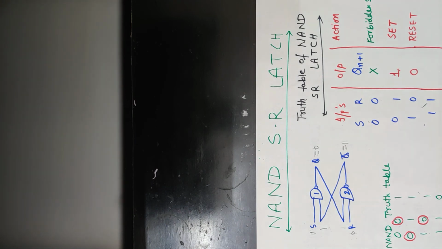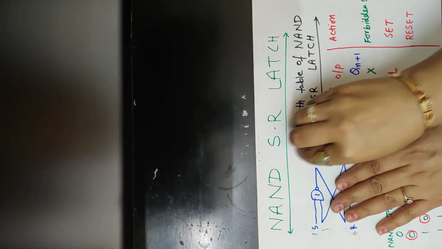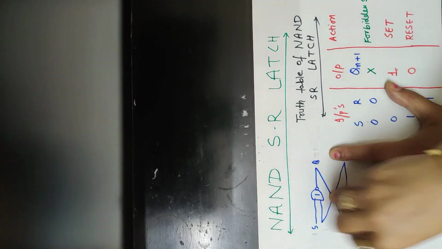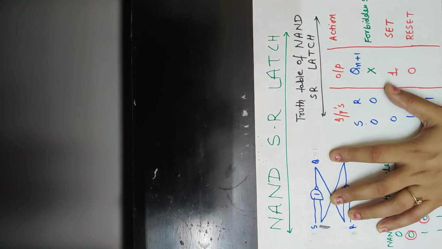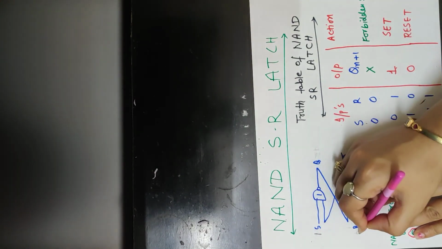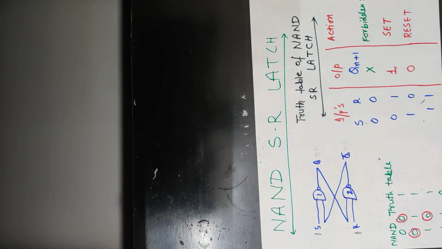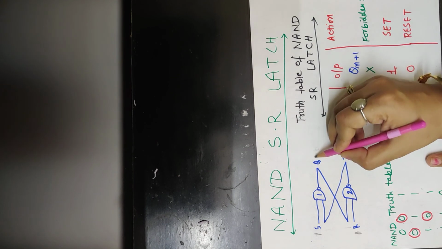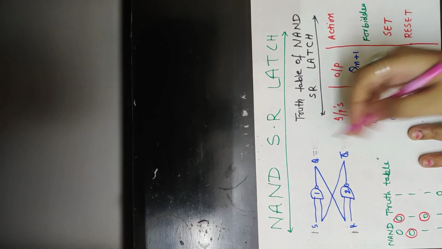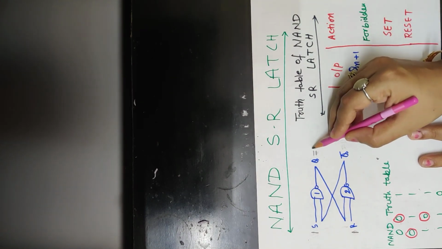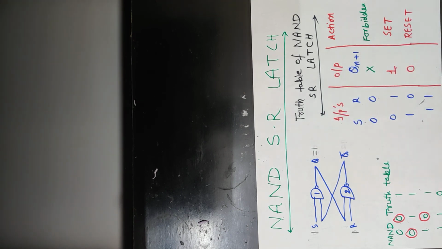And the last condition, 1 1. The last condition is when S is 1, R is 1. For this condition we have to assume the output. Let's say this time we are taking Q as 1, already stored in the latch.